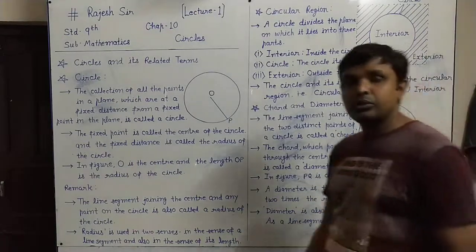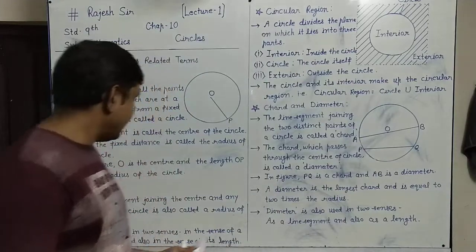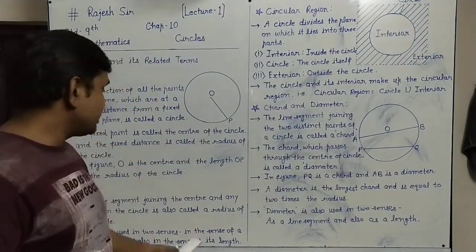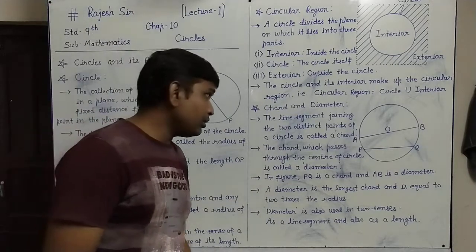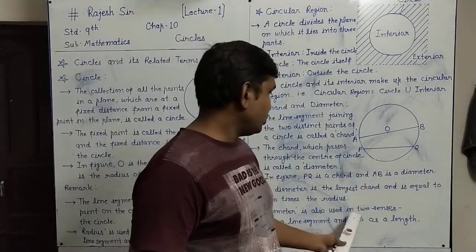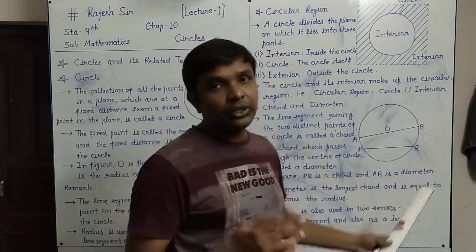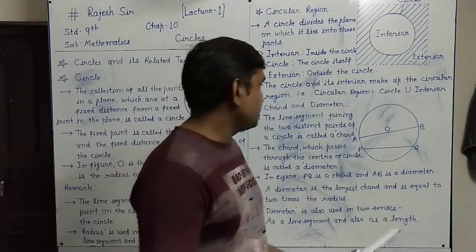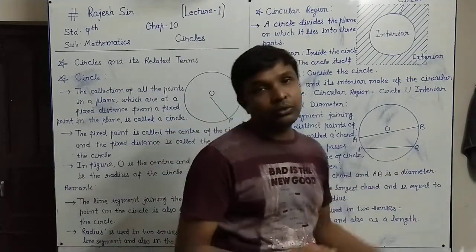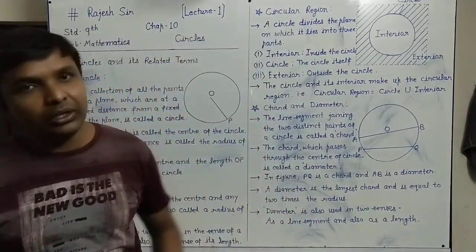Radius is also considered in two senses: a line segment joining the center to a point of the circle, and its length also. Diameter is used in a similar way, in two senses.